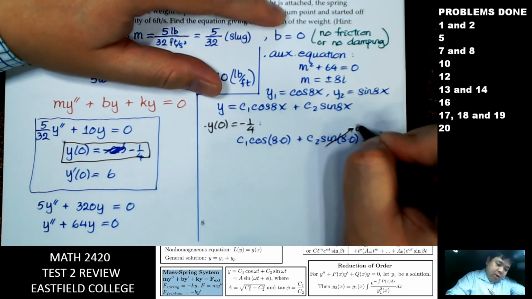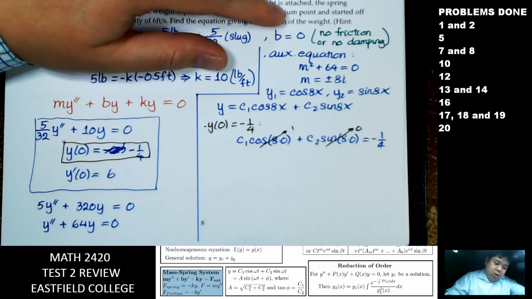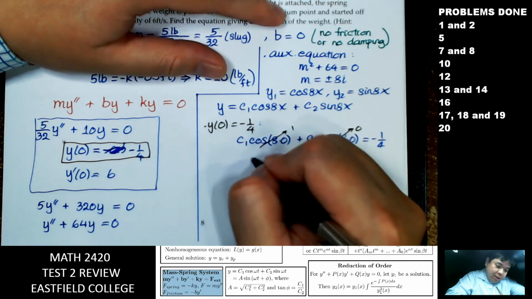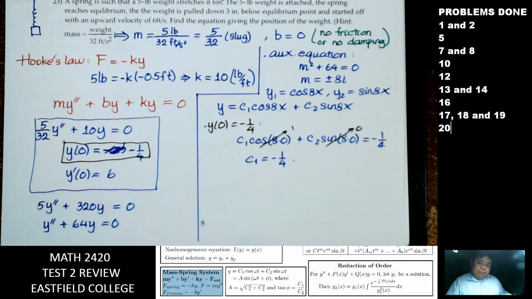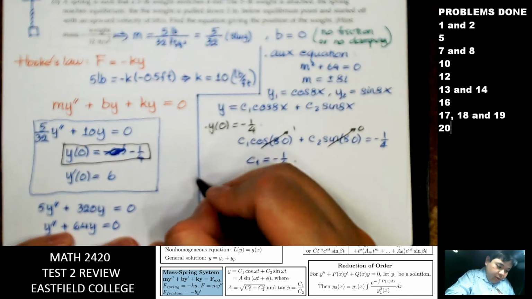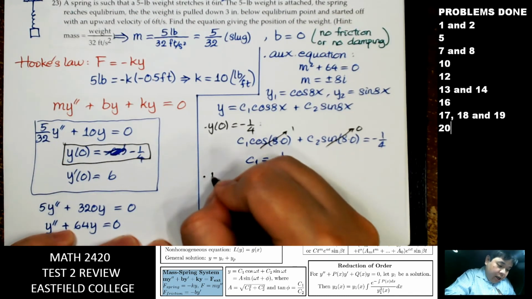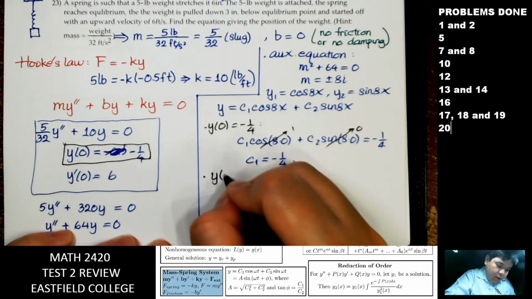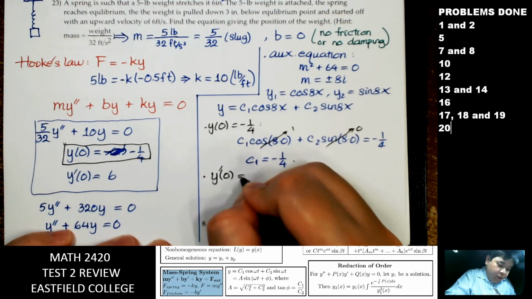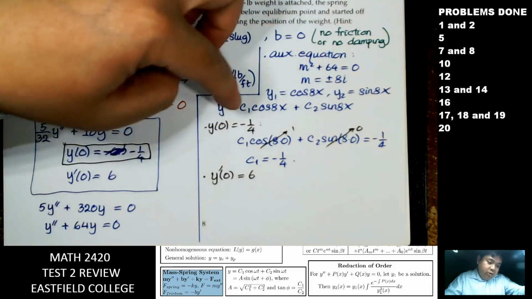That is 0, that is 1, so C1 is negative 1/4. Next, y prime, the derivative, is equal to 6. So we take the derivative of the function.